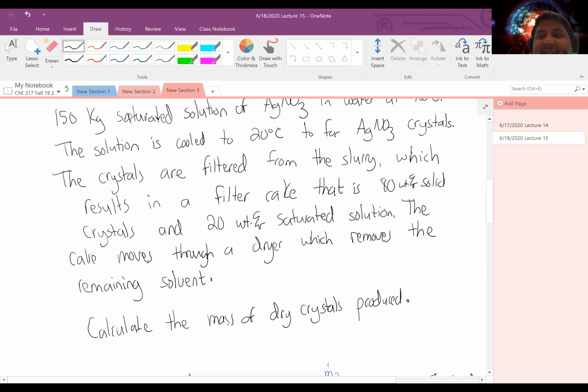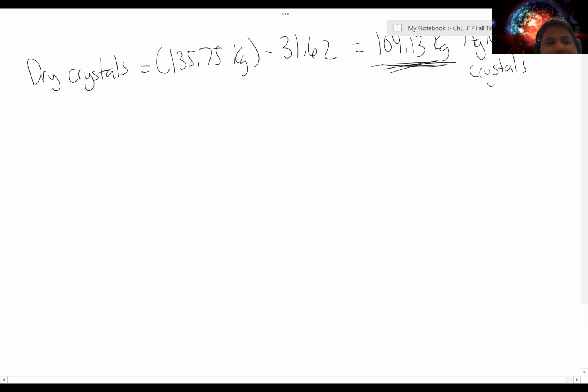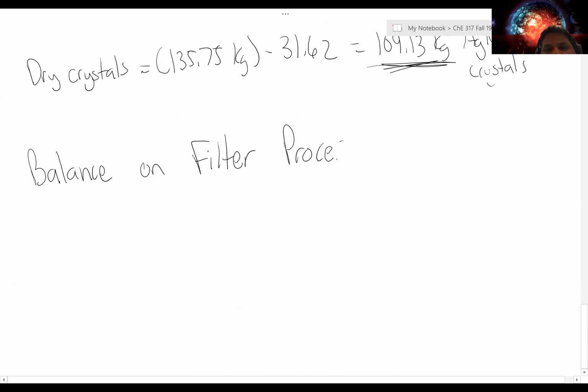So if I look at a balance on the filter, I have 80 weight % of the cake is dry crystals, and 20% is the solution.